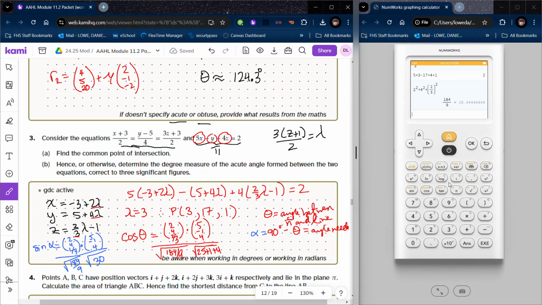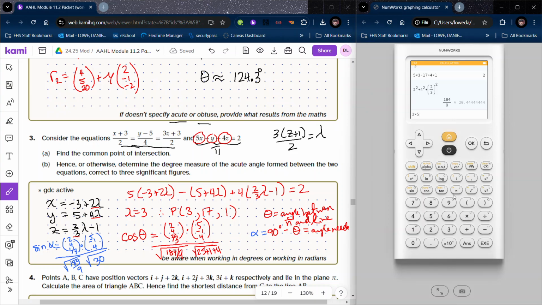So let's go ahead and find that dot product, or that sine ratio. So 2 times 5 plus 4 times -1, plus 2/3 times 4. And that gives me 26/3.